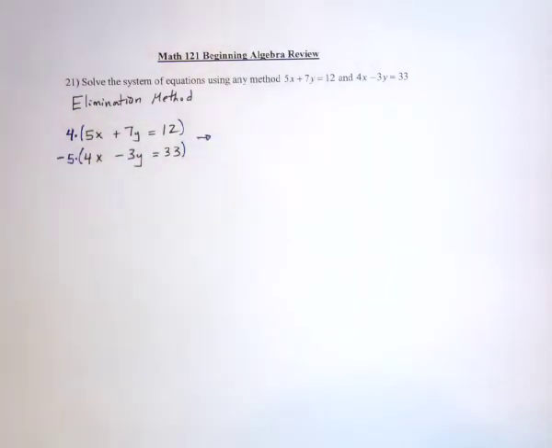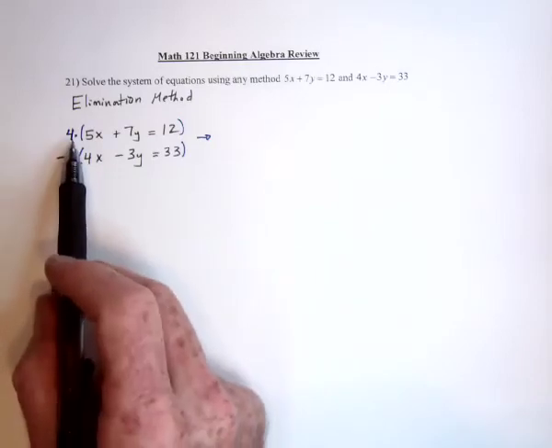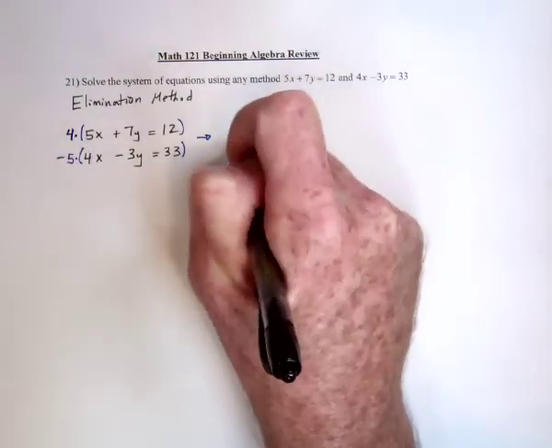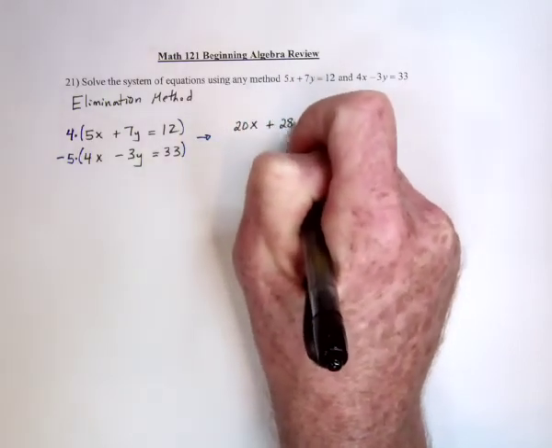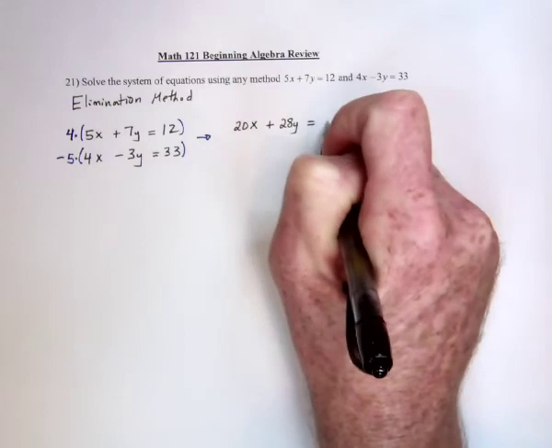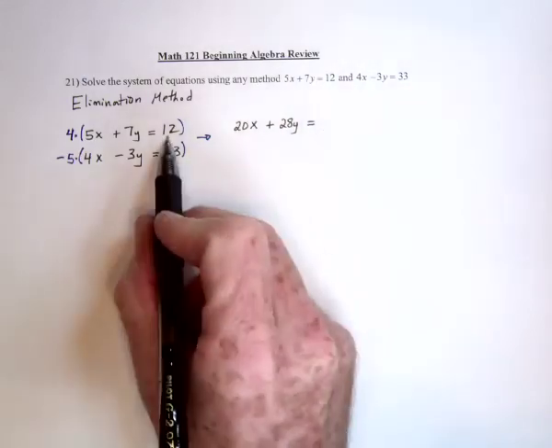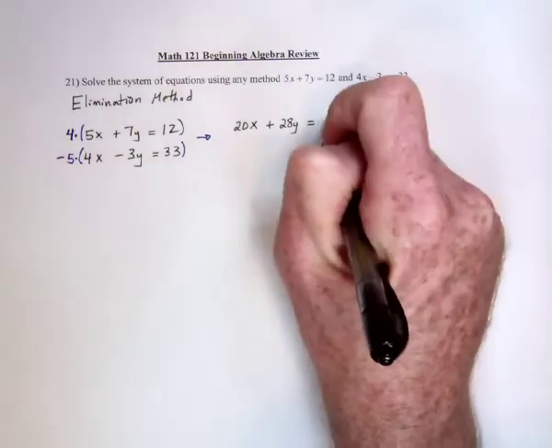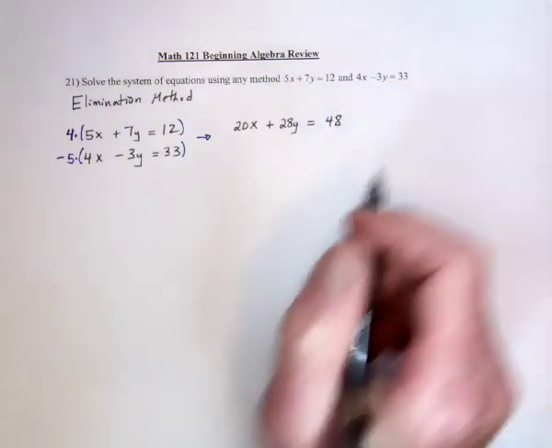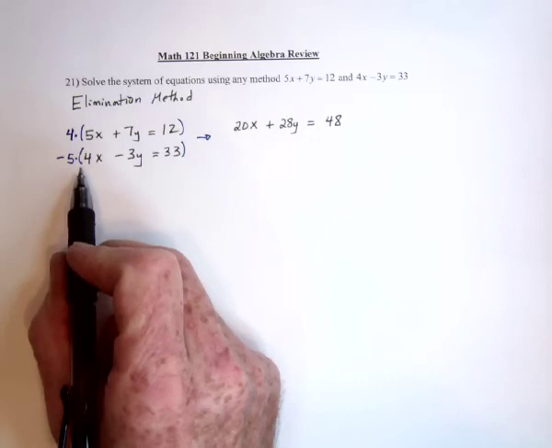And then I like to work across doing this. Then go ahead and multiply this out. So this is going to be 20x plus 28y is equal to 4 times 12. So make sure you multiply this by 4 also. That's going to be 48. And then over here, distribute the negative 5.